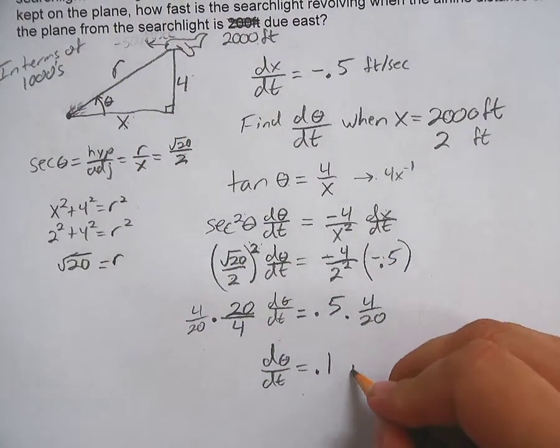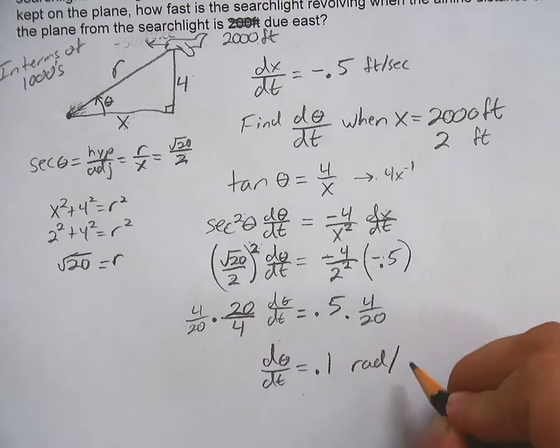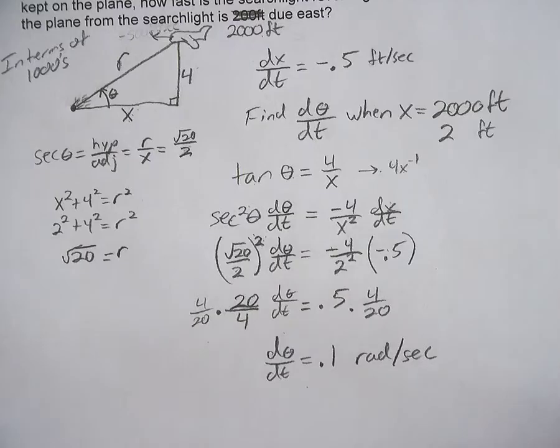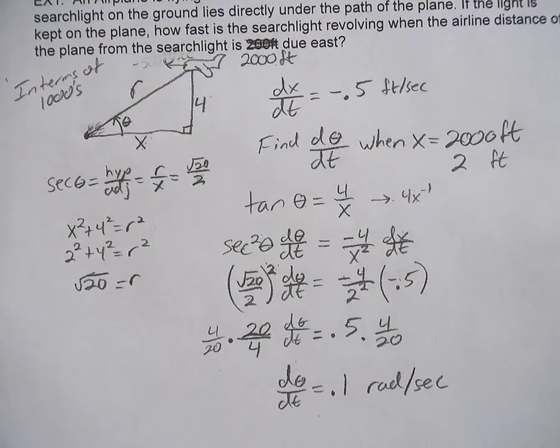So what I'm measuring here is the number of radians it's changing per second. So again, relate that to the real world. You are changing 0.1 radians per second at the time that you are 2,000 feet away. That's all she wrote, 0.1 radians per second.